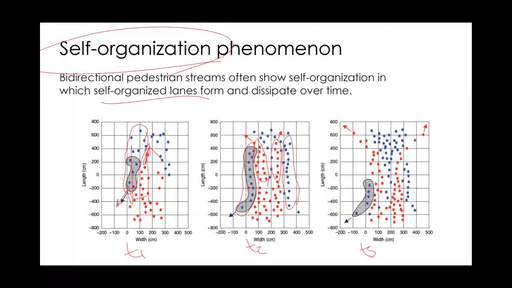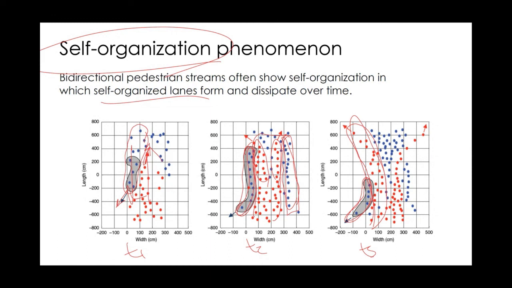A few seconds later, we can see this dynamic lane has grown. There is a big lane in the middle and another lane on the side. Then over time, this dynamic lane dissipates and shrinks because the crossing stream is dominating this area. We call them dynamic lanes because they come and go.